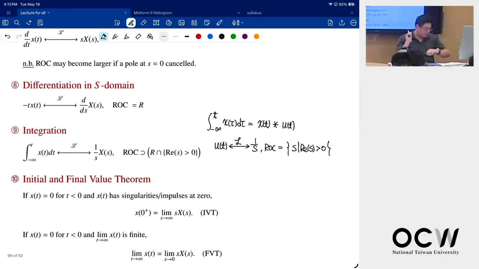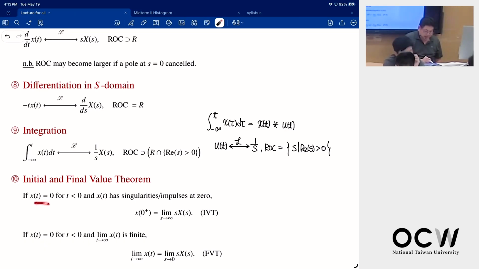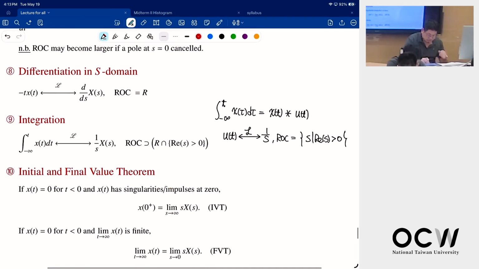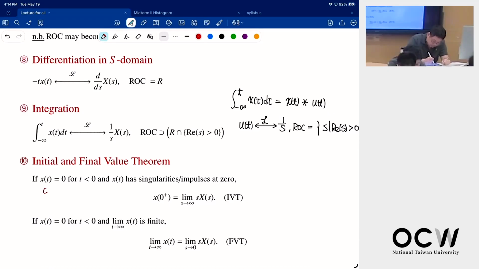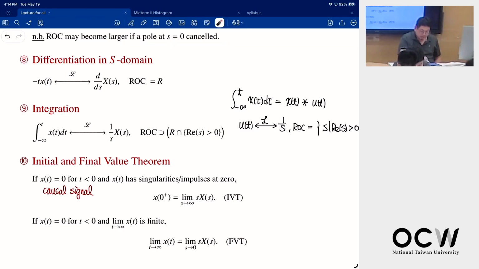And we also have the initial value theorem and the final value theorem. X is 0 when t is less than 0. The signal is causal. So this is a causal signal. For the causal signal, I may have singularities at 0.